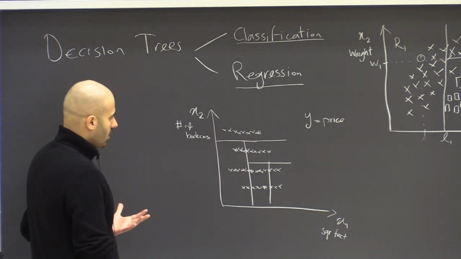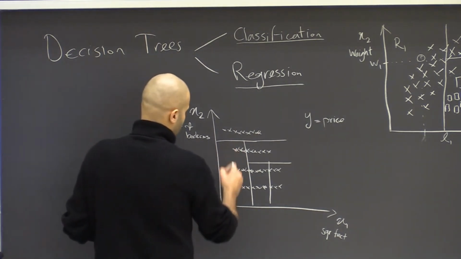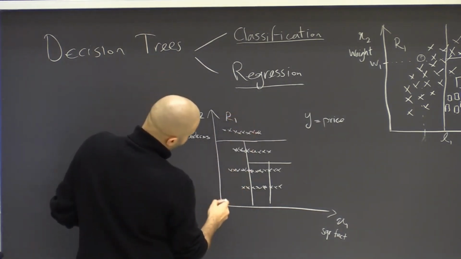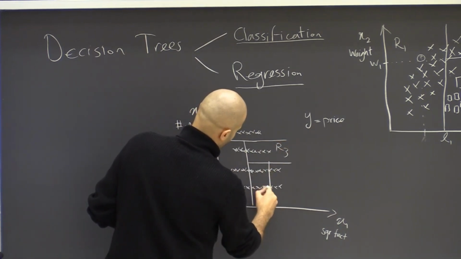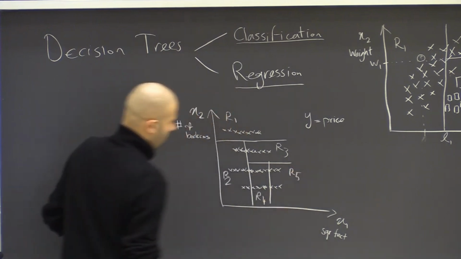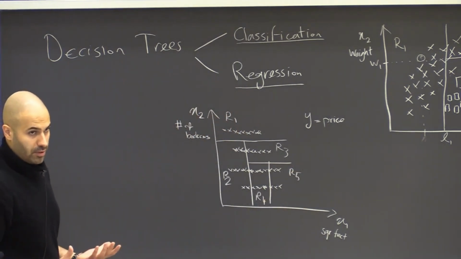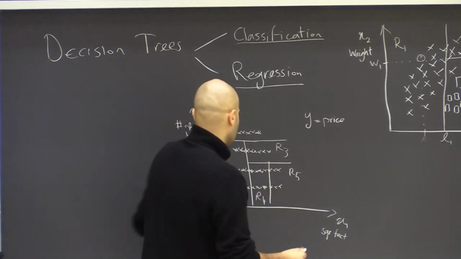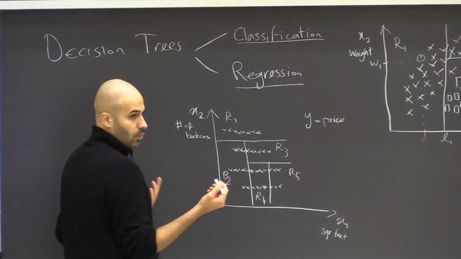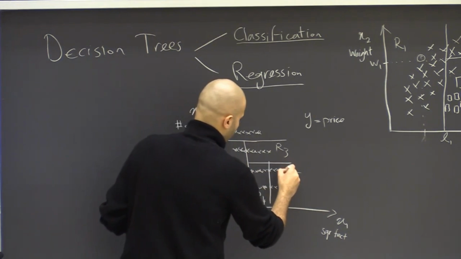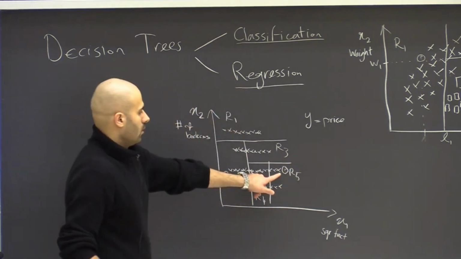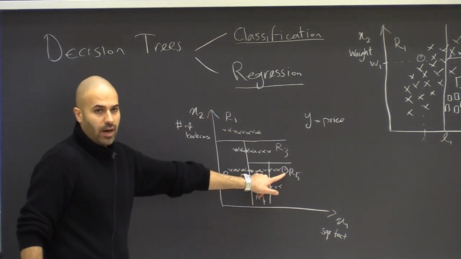Then the idea is that for making a prediction, we're going to see whether we are in, let's say, R1 or R2 or R3 or R4 or R5. We're going to only have 5 possible regression predictions here. For some sample observation, we're going to see where it ends up. If our sample observation ends up here, based on x1 and x2, it is in region 5.